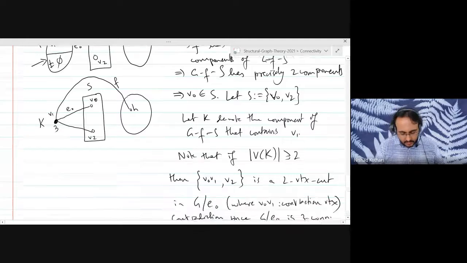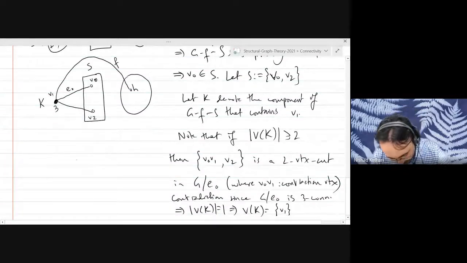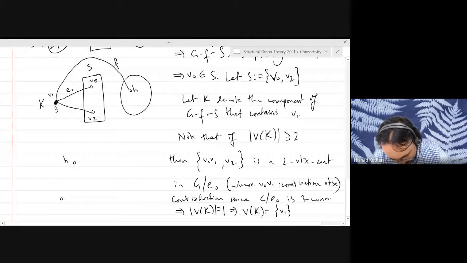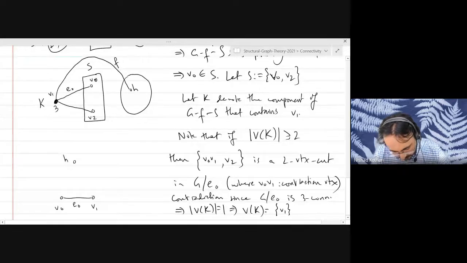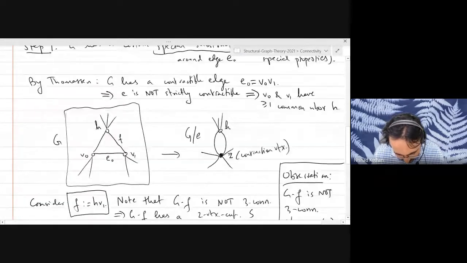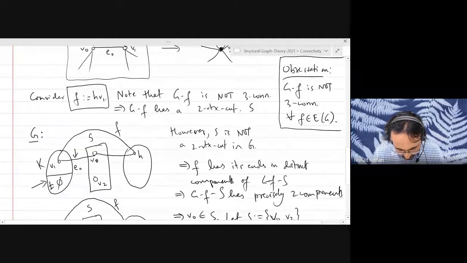Okay, so let's make a drawing again. What do we have? We have the edge A, we have the vertex H, we have V0, V1, this is the edge E0. I called it E1, E0, right? Okay, fine, I'll stick with that now.